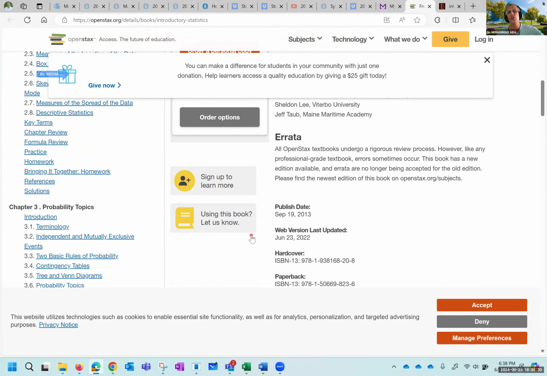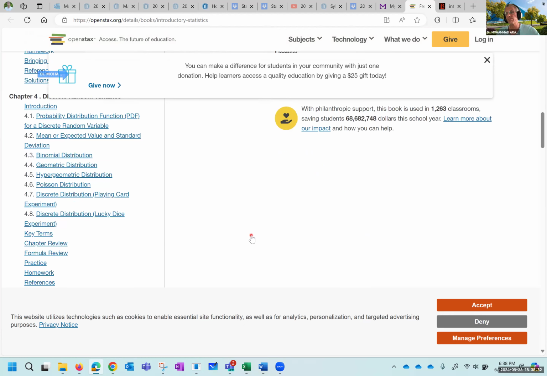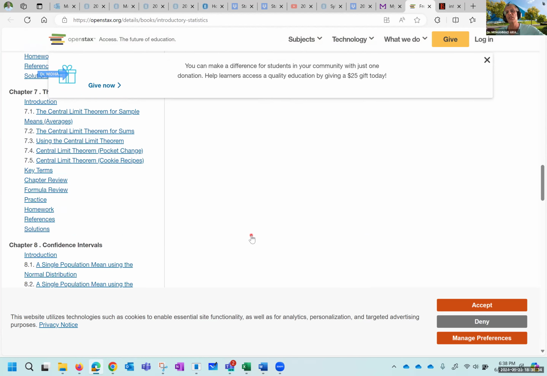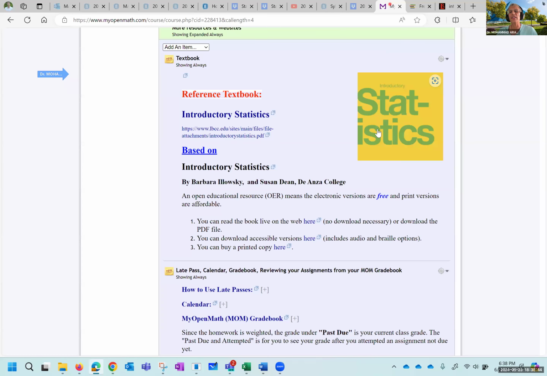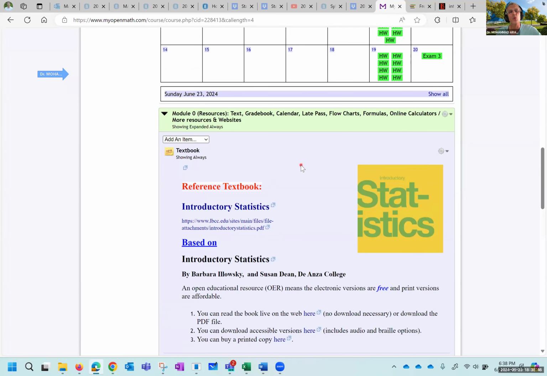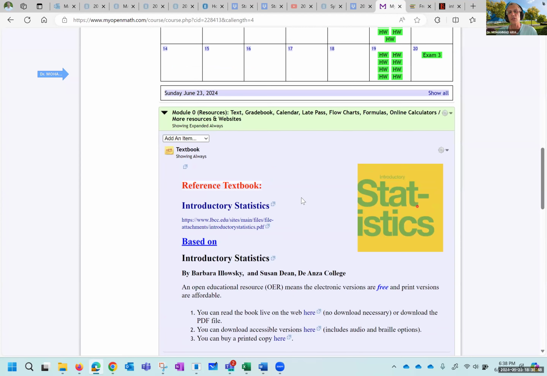Now, do you need this text? I don't know, it's up to you. This is more like resources, everybody. Okay, this is more like resources. However, again, where do I find my text? If you want module 0, here's the text.